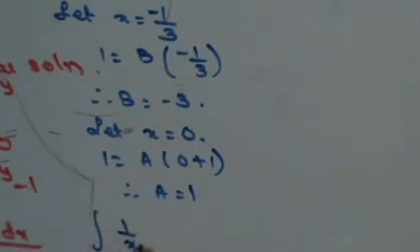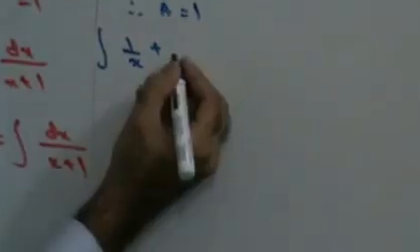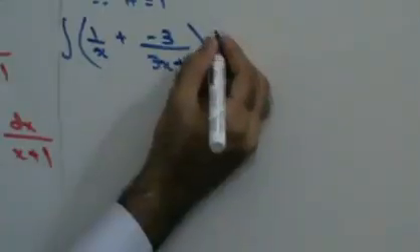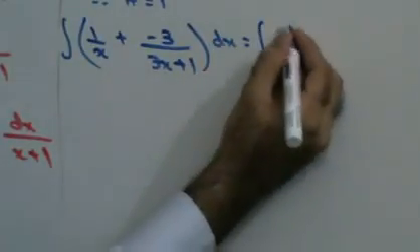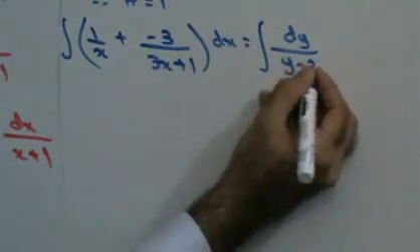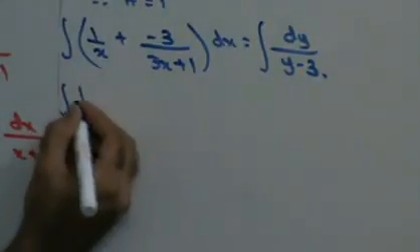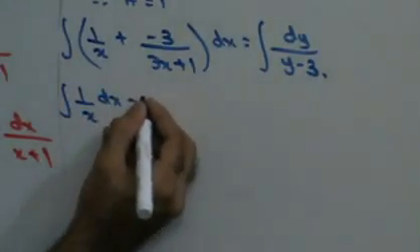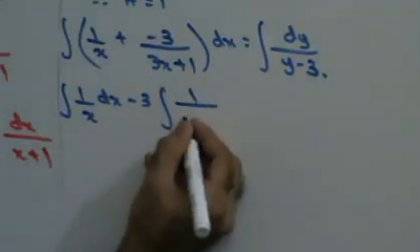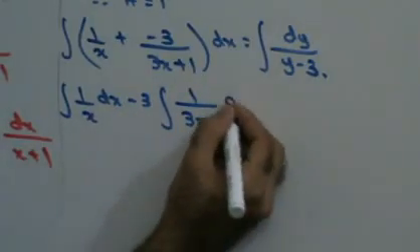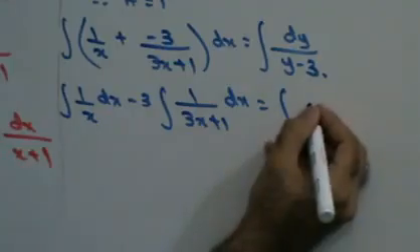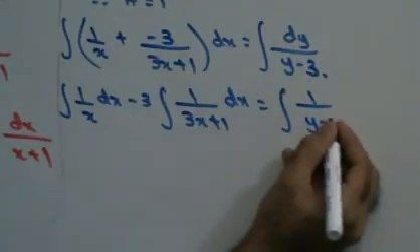that is 1 upon x plus b, b is minus 3, upon 3x plus 1 dx, is the integral of dy upon y minus 3. Split the integral. So this will be the integral of 1 upon x dx minus 3 times the integral of 1 upon 3x plus 1 dx is the integral of 1 upon y minus 3 dy.